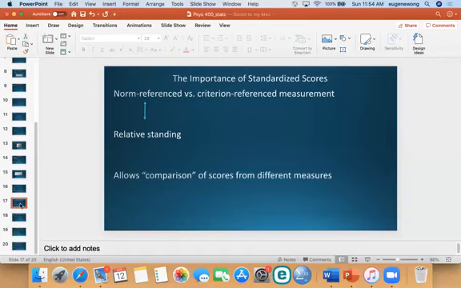So for example, if a test has 100 points possible, that's the criterion, 100 points, and you get 95 of those points, you have done incredibly well because you got 95 out of the possible 100.